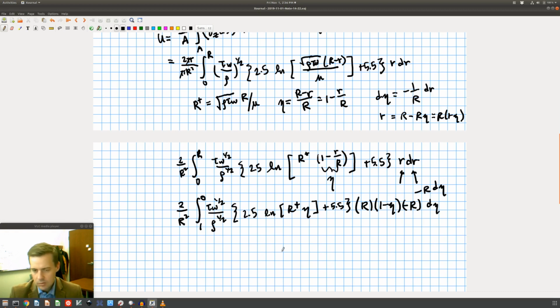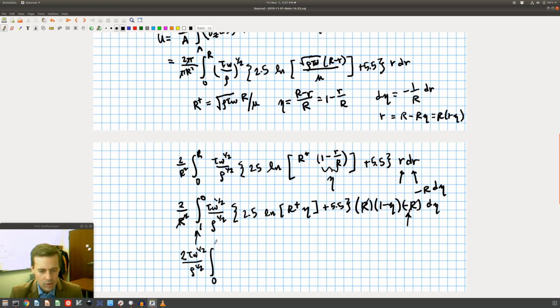Okay, great. So now look at this. So this r squared is going to cancel with that and that. And then that minus sign I'm going to use to flip that guy upside down. So now I want 2 tau w to the 1/2 divided by rho to the 1/2.